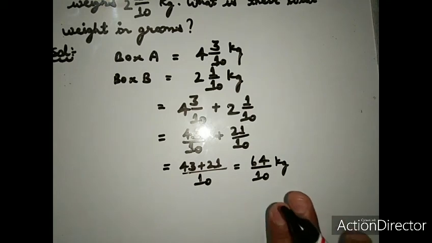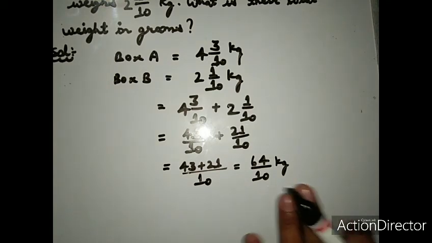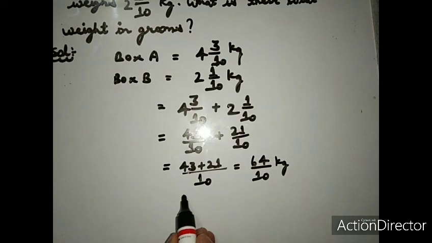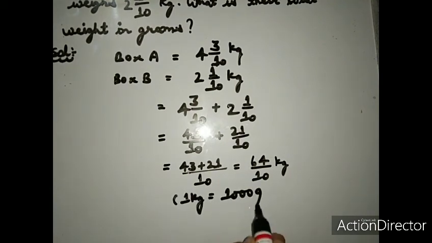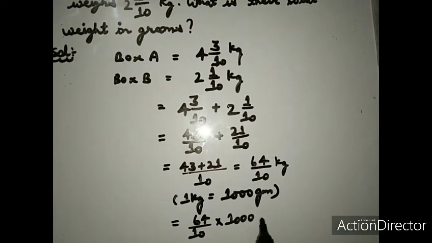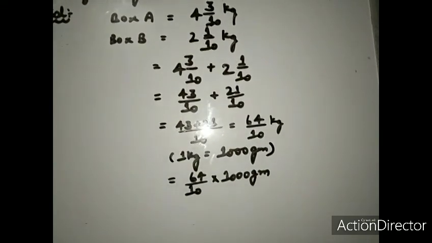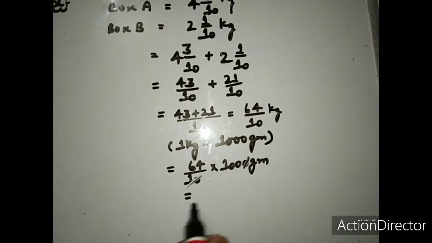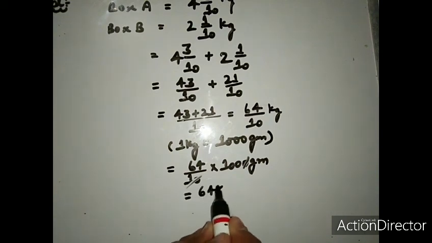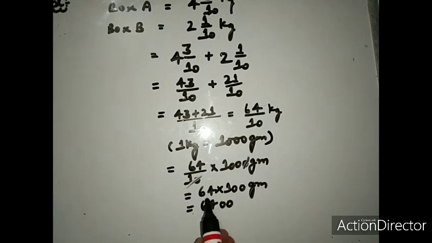So now we change this quantity from kilogram into gram, right? You all know that 1 kilogram is equal to 1000 gram. So here we multiply 64 upon 10 by 1000 gram. Okay, so here we cancel out this 0 by this 0, and here we get 64 multiplied by 100 gram. 64 ones are 64, and after that we put 20 here.